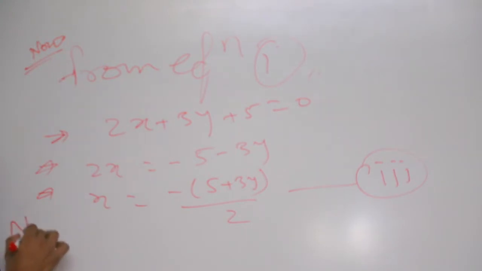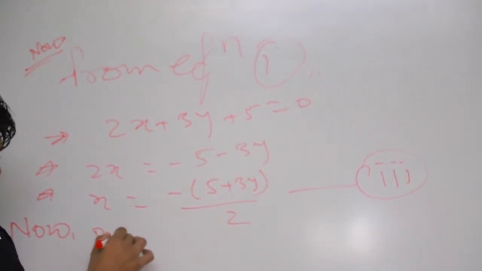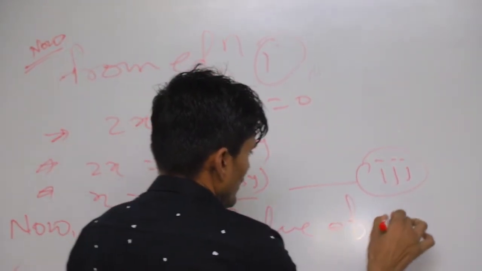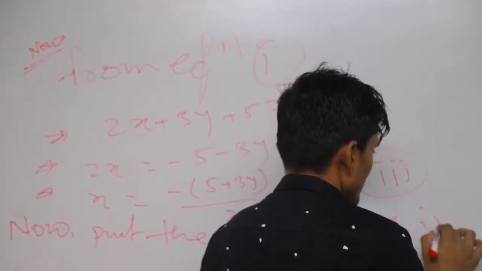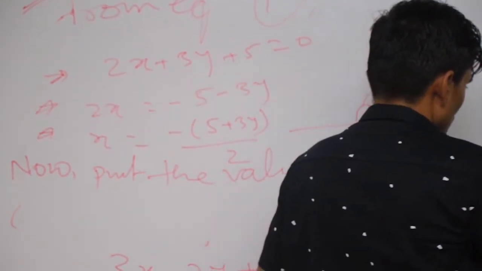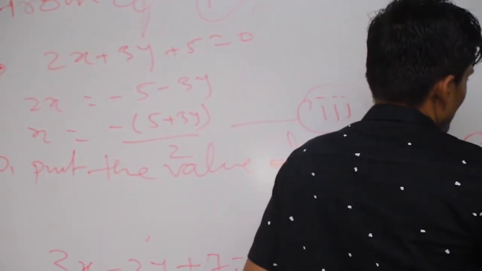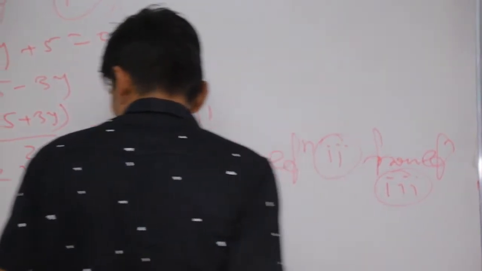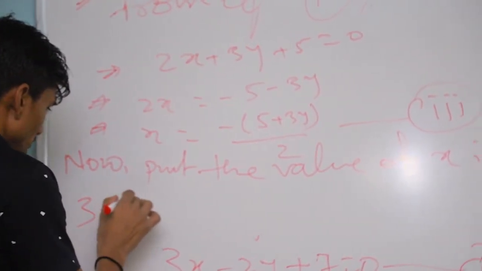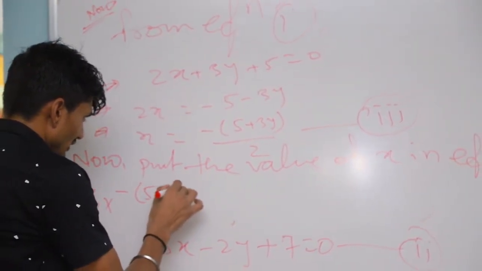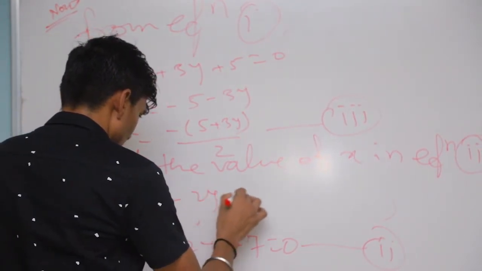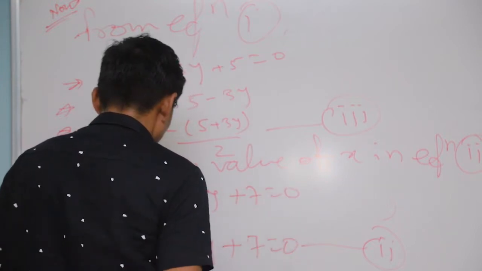Now put the value of x from equation 3 in equation 2. So 3 into (minus 5 minus 3y) by 2 minus 2y plus 7 is equal to 0.